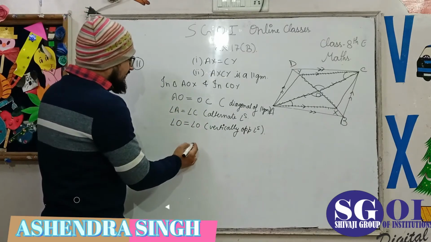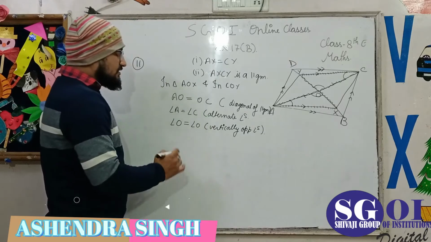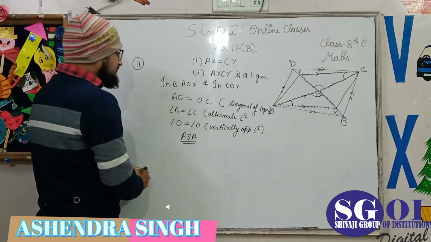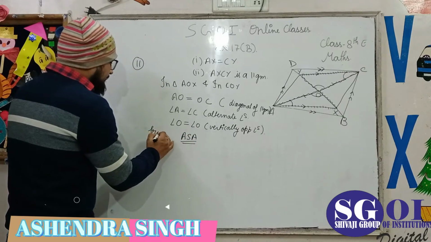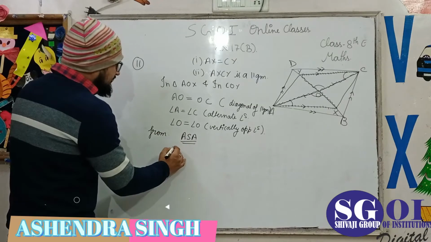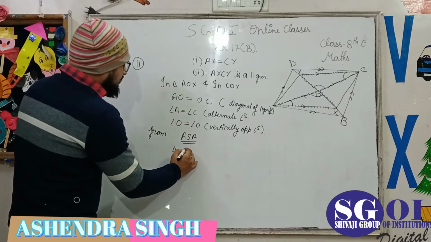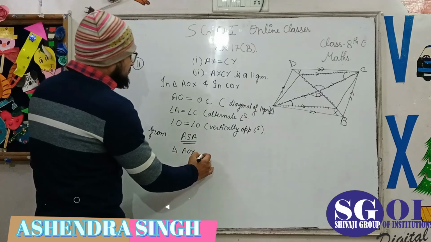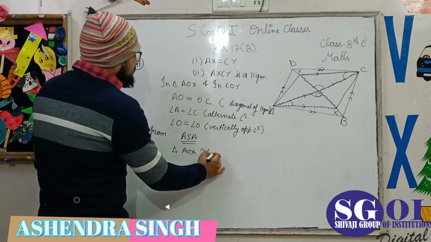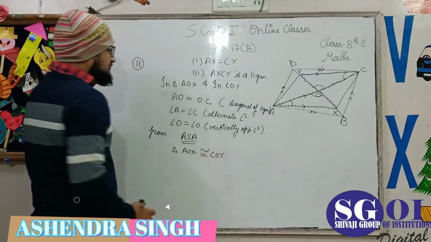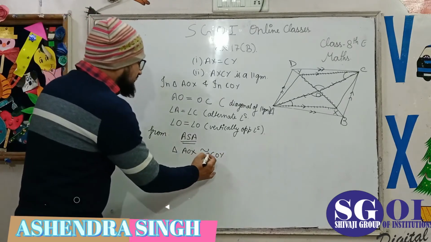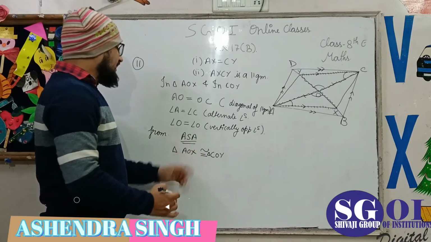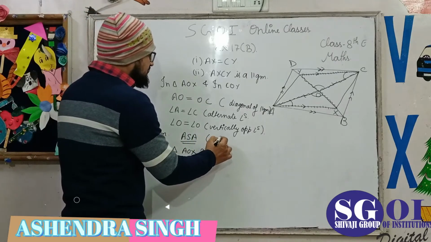So we have clearly shown that one side and two angles are equal. Therefore, we can apply the axiom of congruency, that is ASA. So from ASA, triangle AOX is congruent to triangle COY by the ASA axiom of congruency.